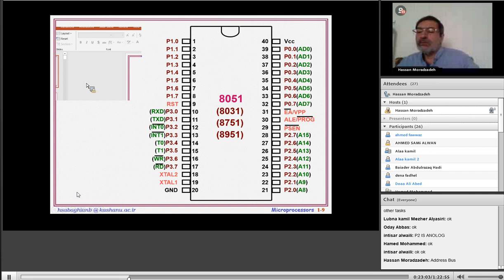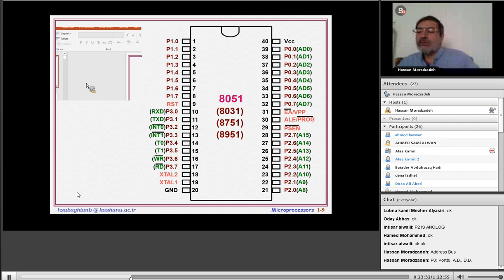P2 is analog? No. P2, no analog. Address bus. P2 is P2 or address bus, the high byte of the address bus.